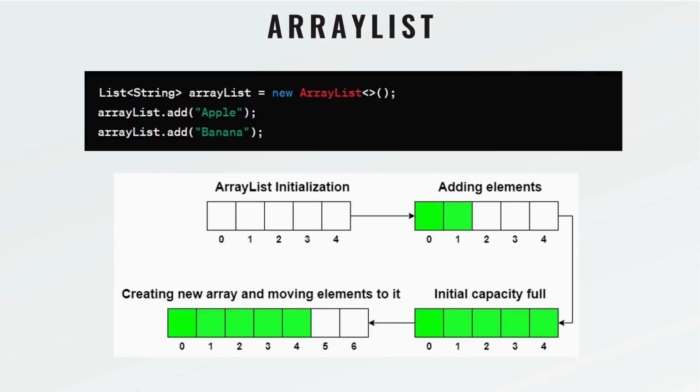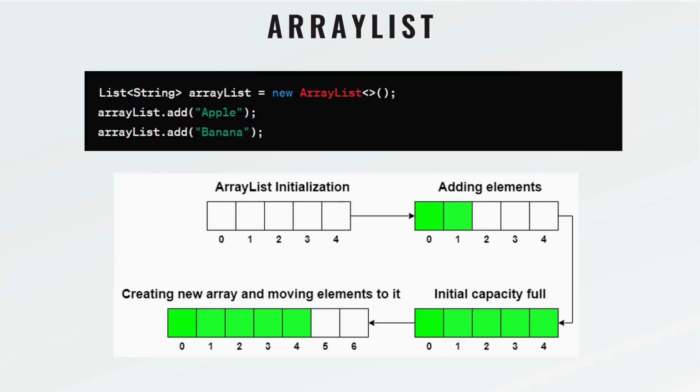Now let's say you have filled up your ArrayList to its capacity of 5 elements, and you try to add another element. At this point, the ArrayList needs more space to accommodate the new element. To do this, it allocates a new array with increased capacity. In most implementations, this new capacity is set to 50% more than the current capacity.